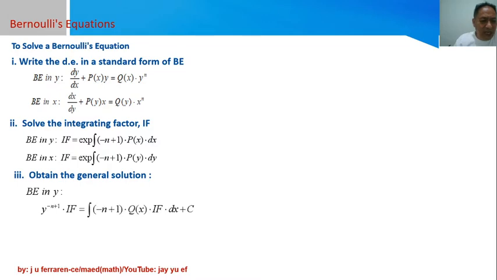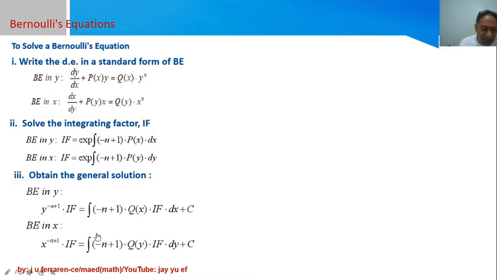Bernoulli in y: y to a power minus n plus 1 multiplied with the IF is equal to the integral of minus n plus 1 times Q of x times the IF, integrated with variable of integration x. Now Bernoulli in x: x to the power of minus n plus 1 times the IF equals the integral of a constant times Q of y times the IF, integrated with the variable of integration y.